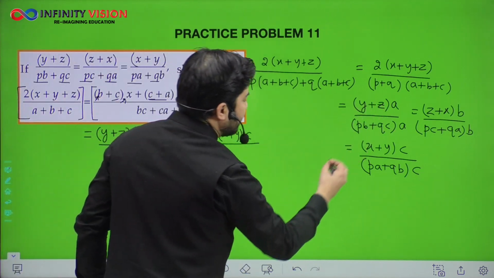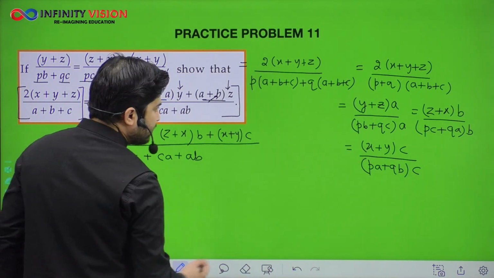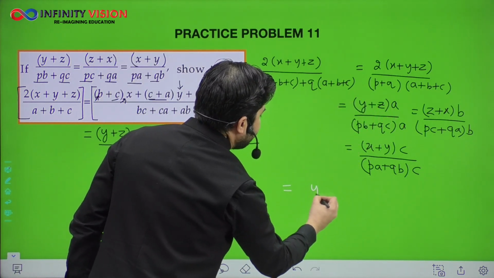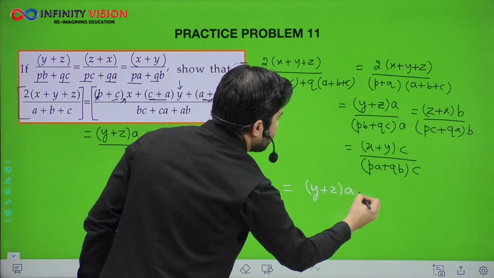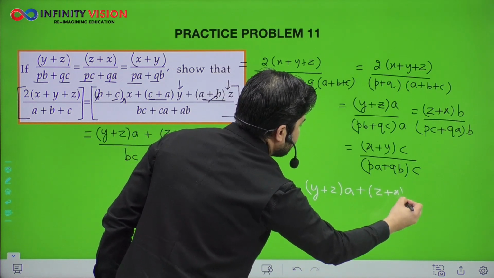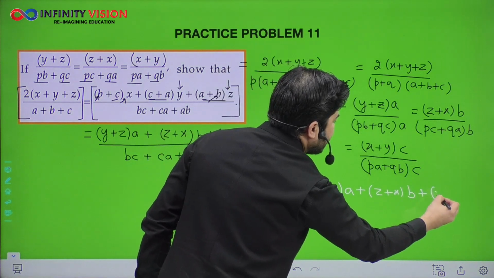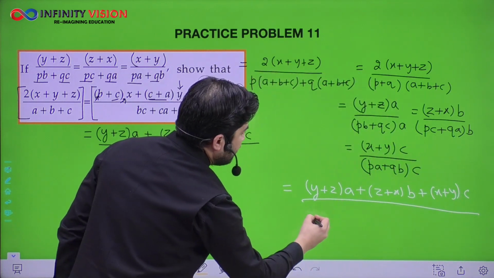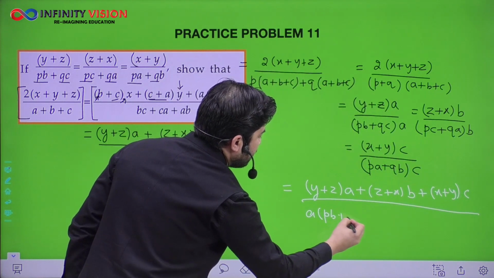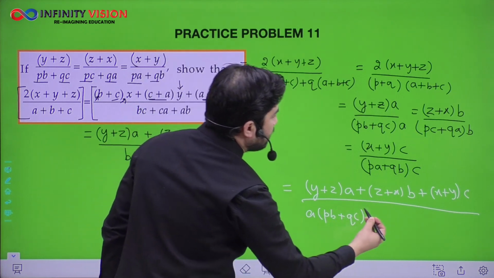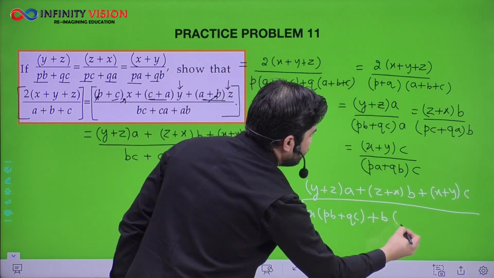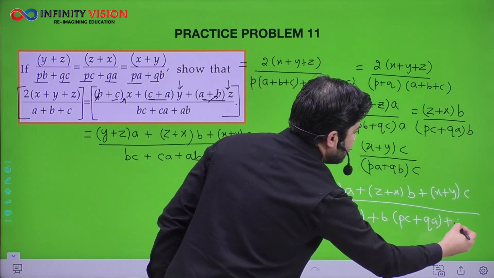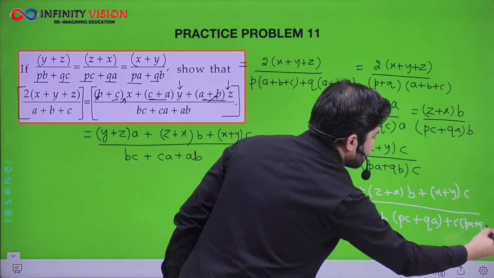So I'll just do the sum of antecedents here. This is nothing but (y plus z) into a plus (z plus x) into b plus (x plus y) into c, divided by a into (pb plus qc) plus b into (pc plus qa) and c into (pa plus qb).